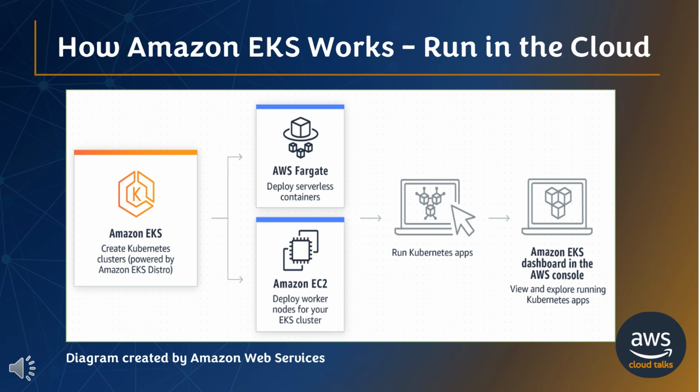The diagram is created by Amazon Web Services. It shows the key features of Amazon EKS and integrations with other AWS services when it runs in the AWS cloud. We recommend you read the diagram and get a better understanding of how Amazon EKS works in the AWS cloud within an application environment.